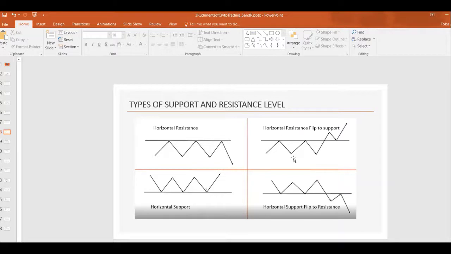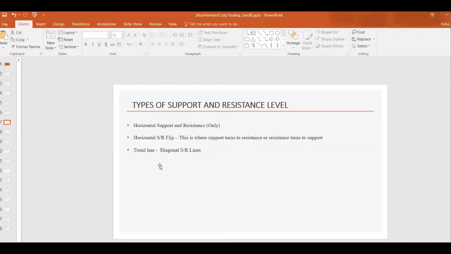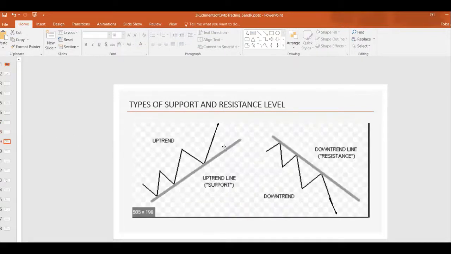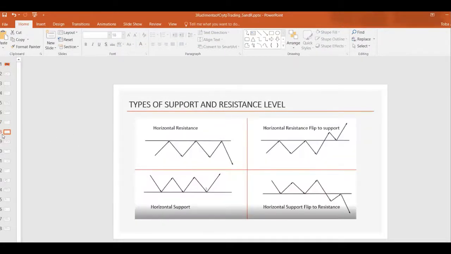Initially it was a resistance line, but when it broke, when price went above it, it now became a support line. The same thing is happening here. This is a support line, but it broke and it became a resistance line. So this is called S/R flip, S/R for support and resistance. I'm going to show us in the diagram.